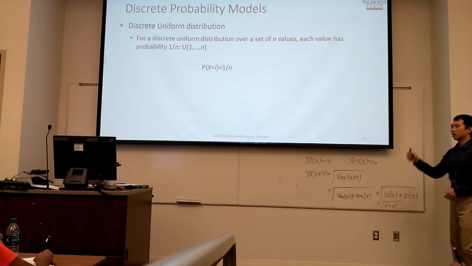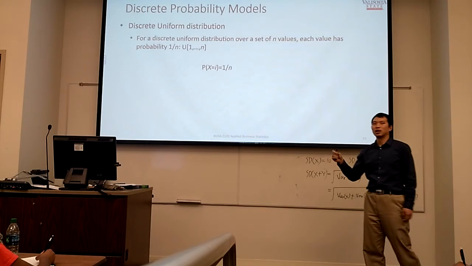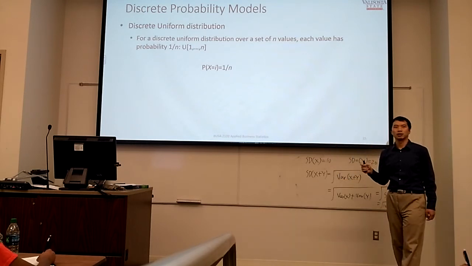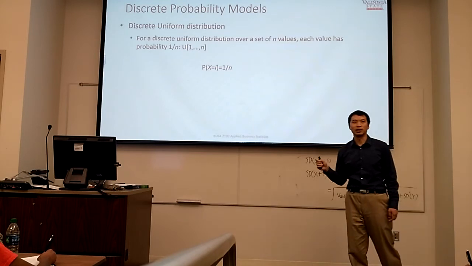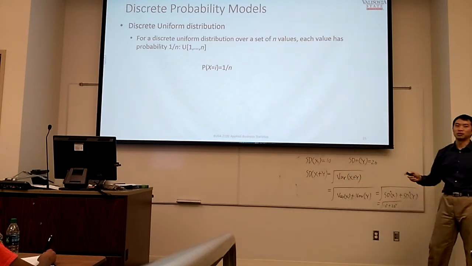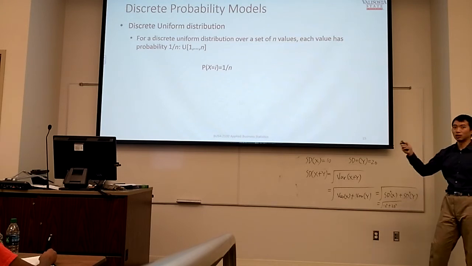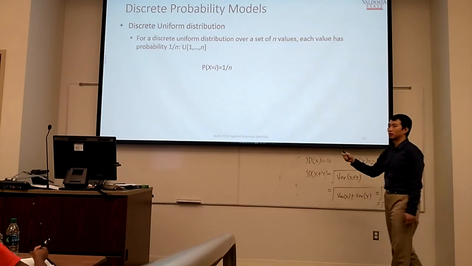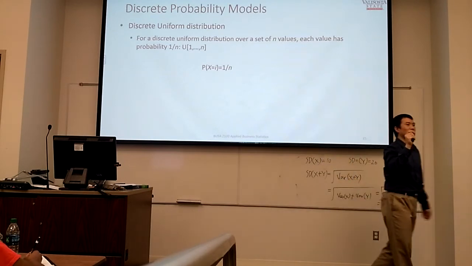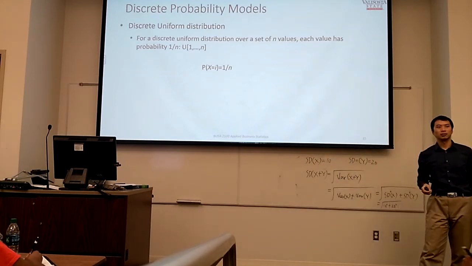Each outcome has the same probability, so all the outcomes are equally likely. Again, we are talking about a discrete random variable, so we can only have a finite number of outcomes.